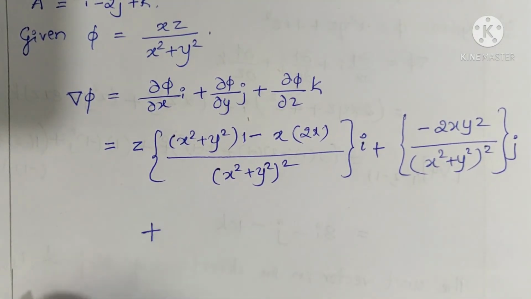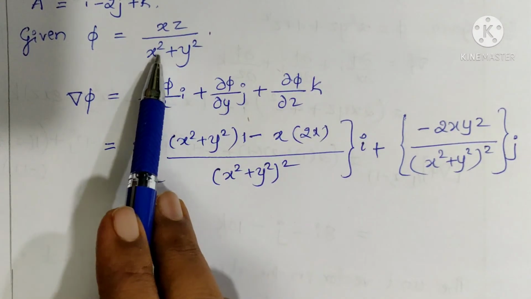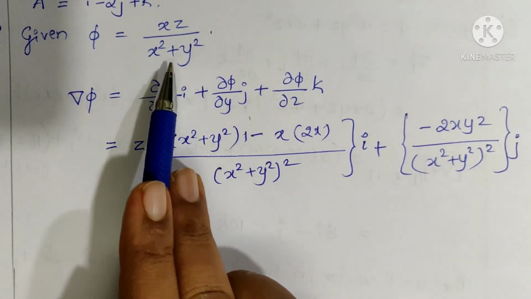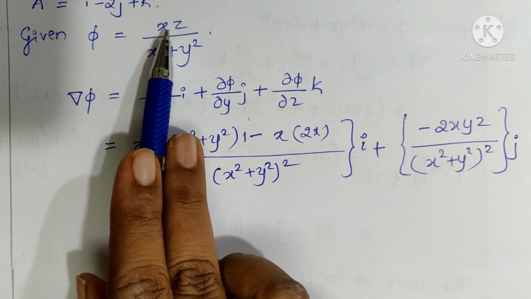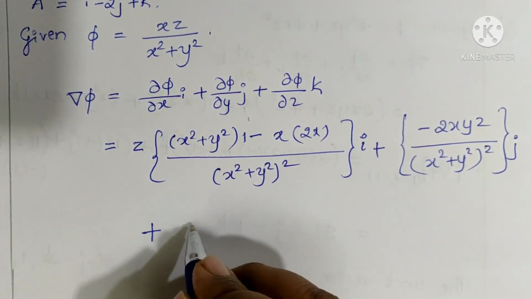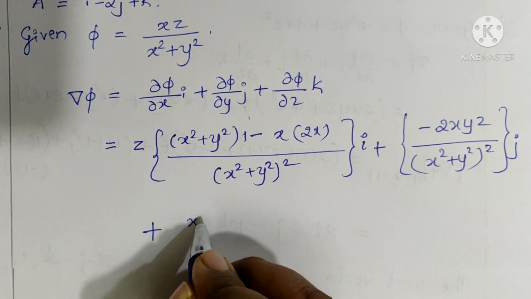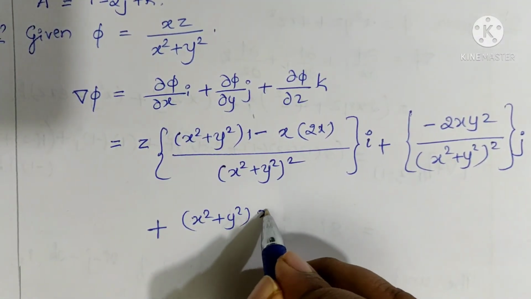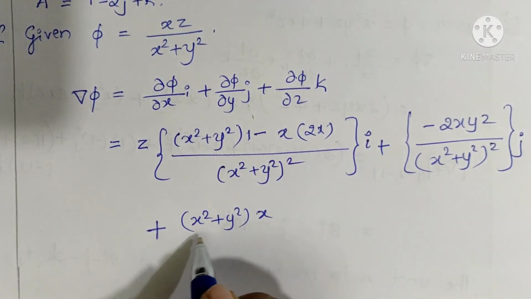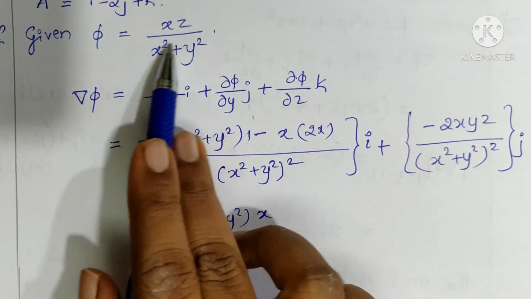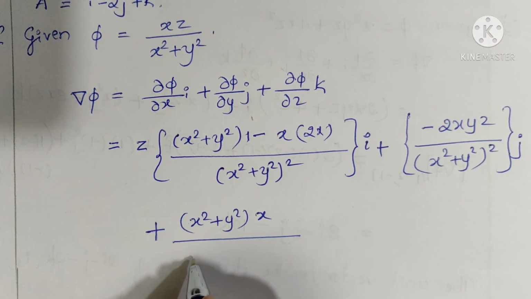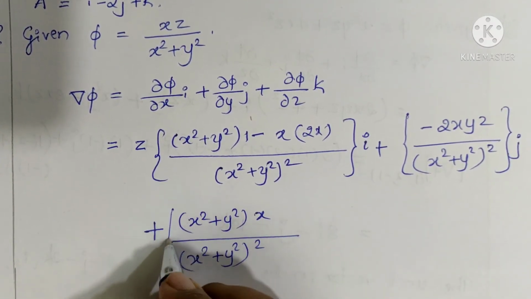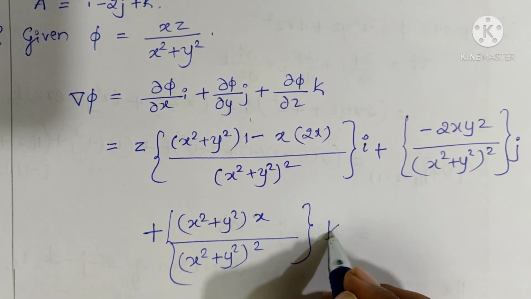Plus with respect to z now, and in the denominator we don't have any z. That's why x square plus y square, differentiation of z is 1. So you will be left with only x, minus this one will be 0. So whole divided by x square plus y square whole square, into k.